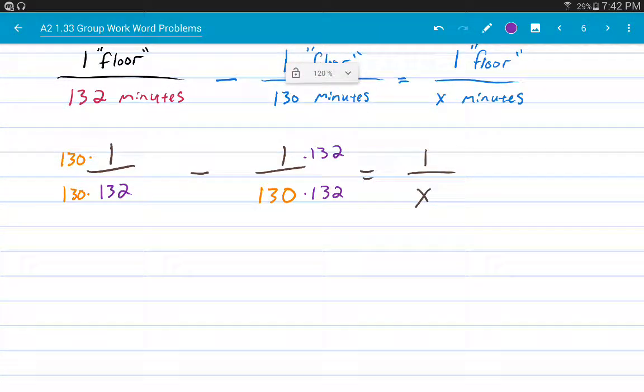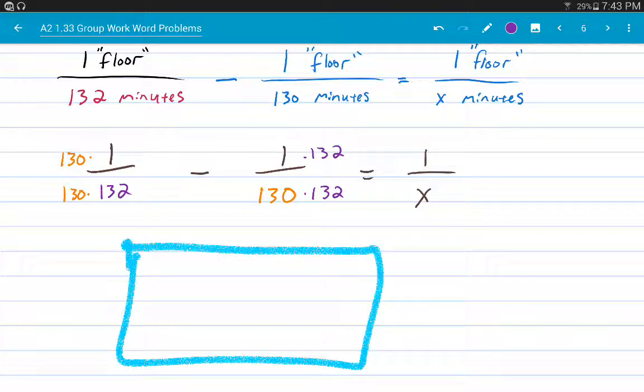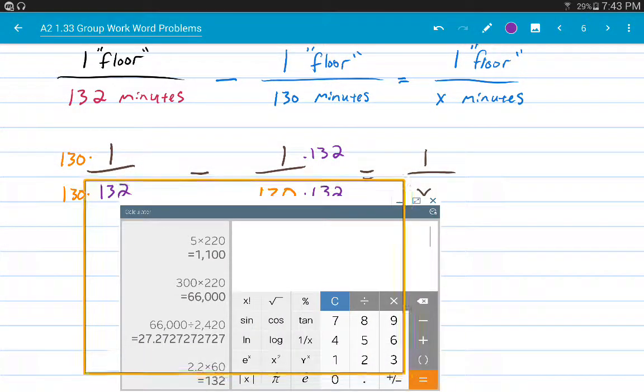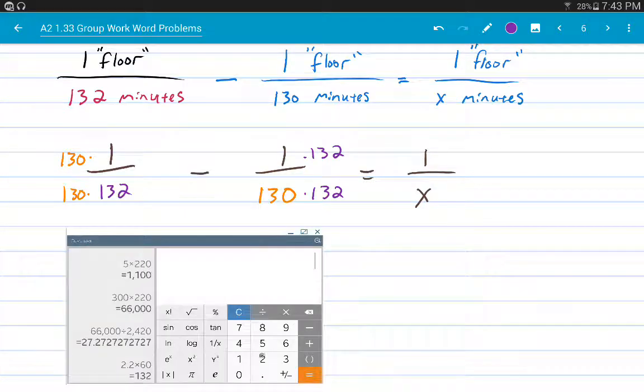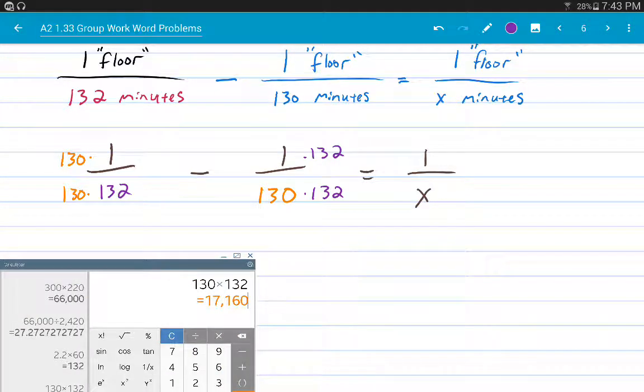Now, whatever that number is, I'm definitely going to want a calculator for it, but I can be sure that these are the same thing. So let me see what that number is. 17,160. So essentially this is 17,160, this is 17,160, this is just X. So I need a 17,160 here and a 17,160 here, both attached with multiplication.